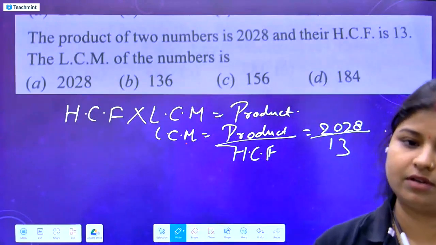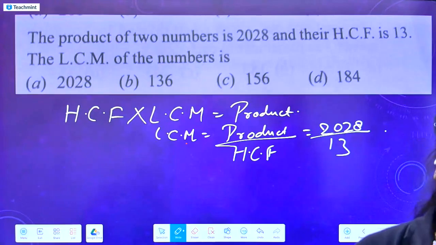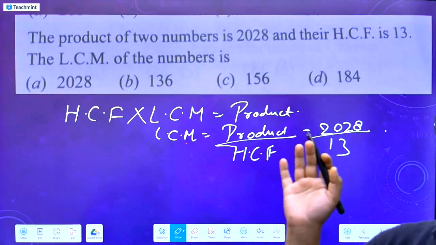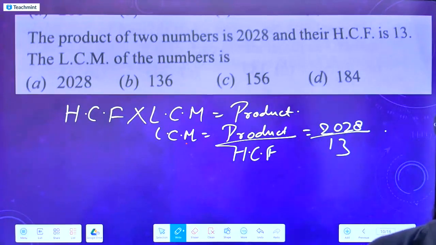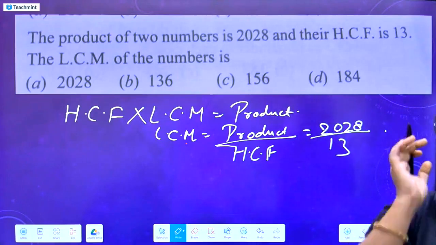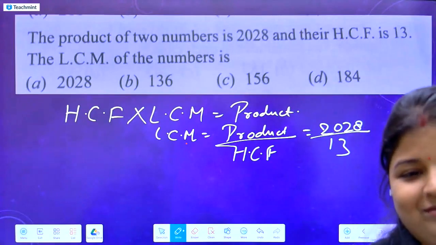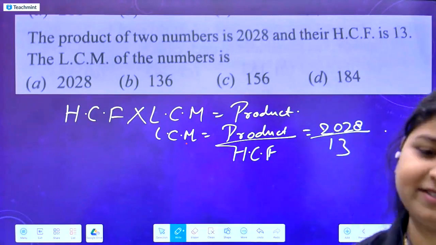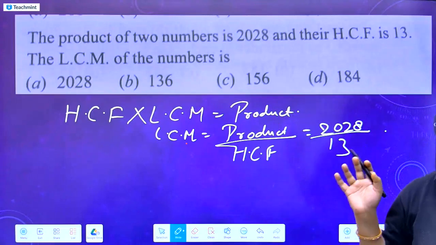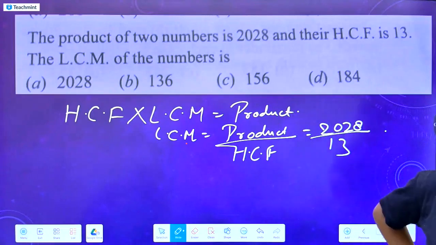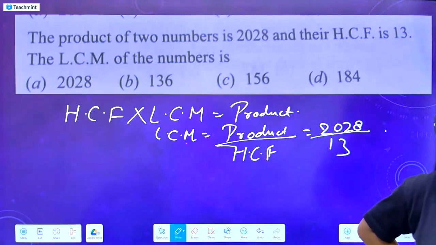Yes, beta. Any doubts in this? Yes, beta. Actually I told the answer first. But I did not get the correct answer from you or anyone else. 2028 divided by 13, how much do you get? 156.